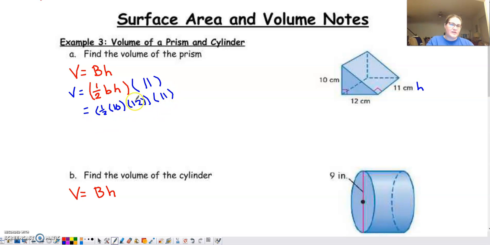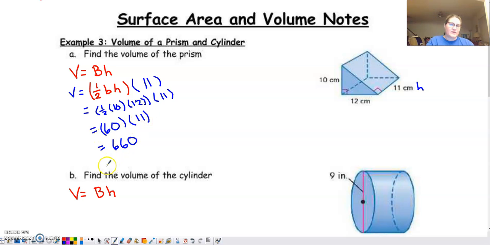So I can simplify some of this in my head. 10 times 12 is 120, and half of 120 is 60. So that's the area of my base, and I'm multiplying that times 11. I know that 6 times 11 is 66, and so this 0 would stay with it.